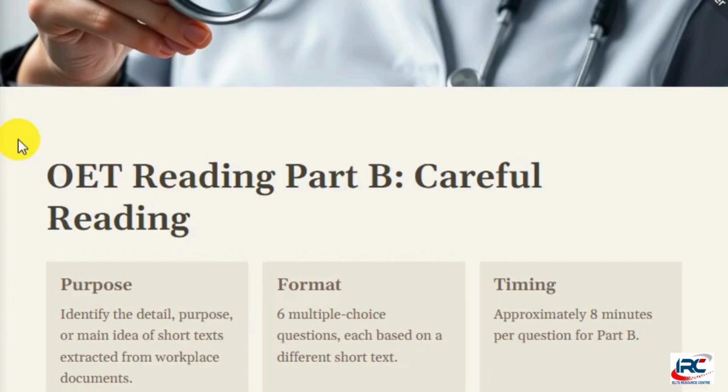Spend too long and you risk running out of time. So the challenge lies in balancing speed and accuracy when it comes to Part B. Read carefully enough to understand the text fully, but efficiently enough to stay on track.